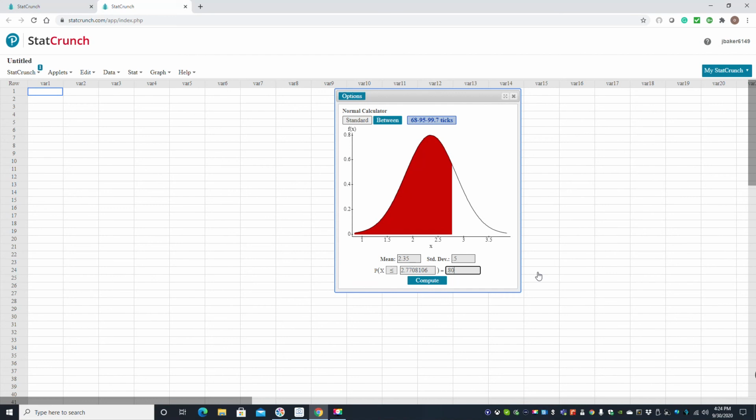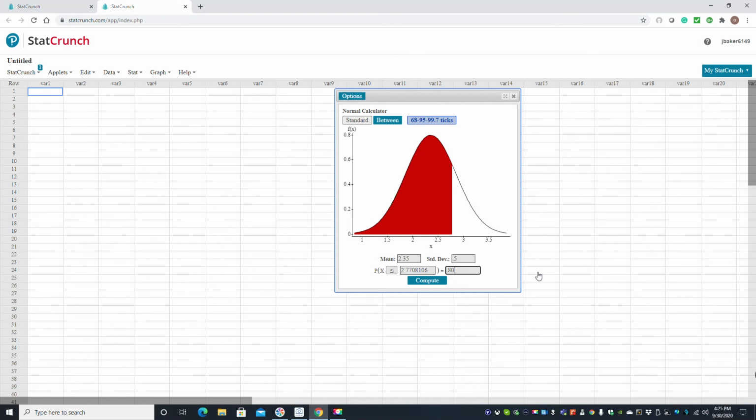And it's going to give me $2.77. So look how accurate that was. Both times was $2.77. Sometimes you get it a little bit differently just because StatCrunch is going to be slightly more accurate. It's going to round to better decimal places than we would. So that's why there's slightly more.